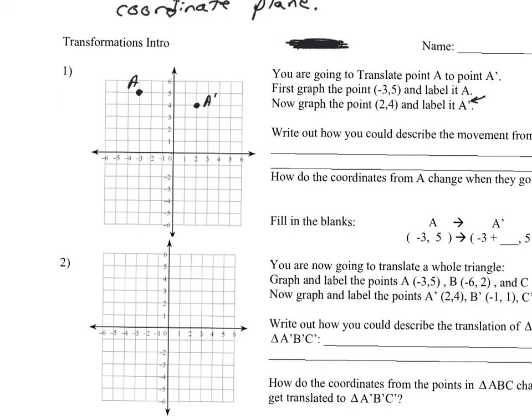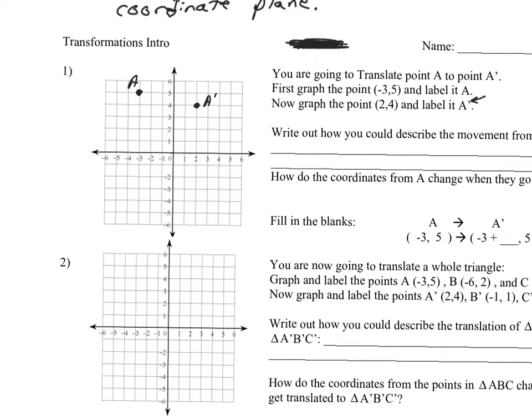Now they're asking us to write a rule. Describe how we can get from point A to point A prime on the coordinate plane. And you can do it 2 different ways. I typically choose left and right first, and then up or down, but it really makes no difference.